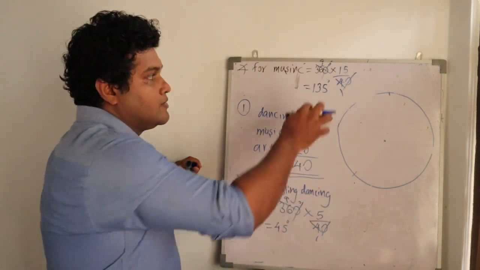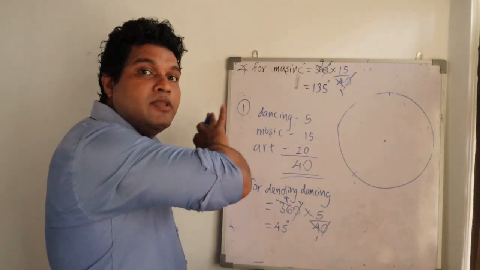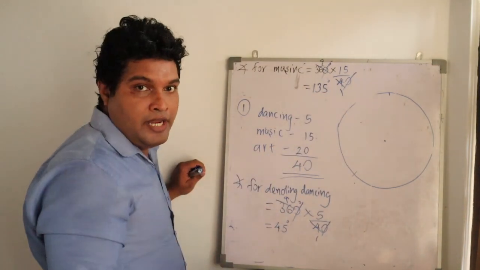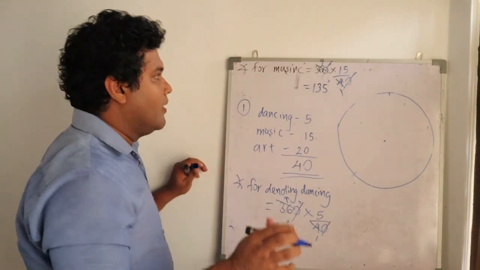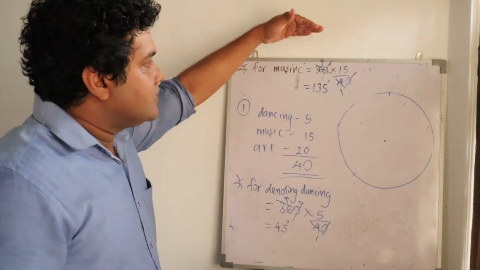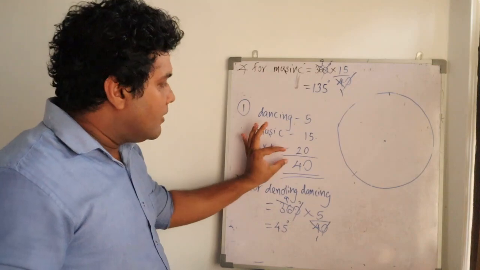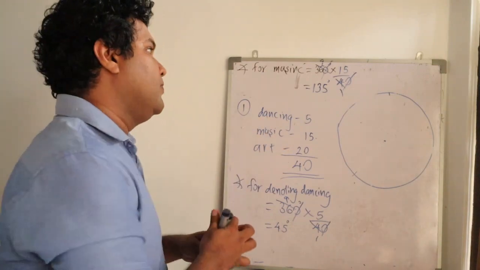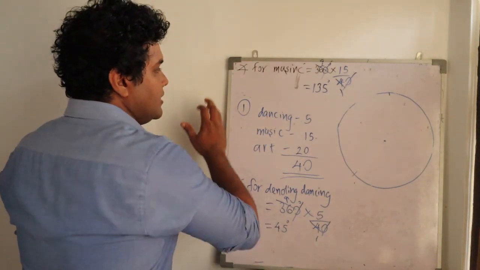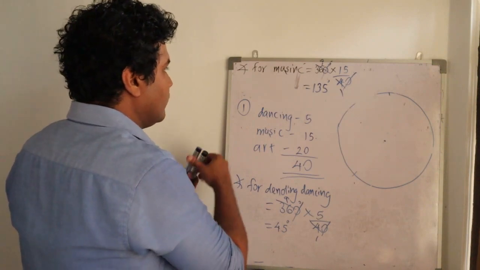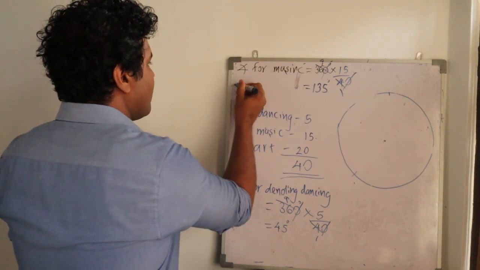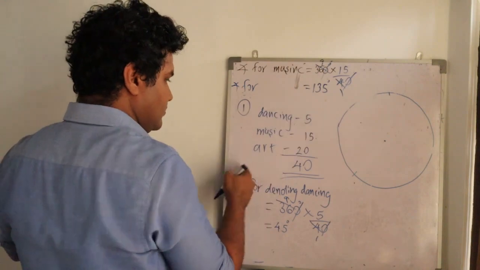We can subtract 135 and 45 from 360. It will be 180. Or otherwise, as we did previously, we can use the 360 and the relevant fraction 20 over 40. If we write it like this, angle for art.